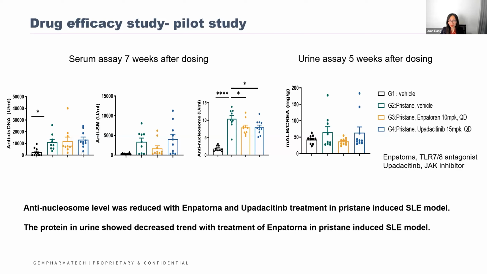The last one is a pristane-induced model with treatment of JAK inhibitors. The anti-nucleosome levels were reduced with toll-like receptor 7/8 antagonist treatment and also the JAK inhibitor treatment. The urine protein showed a decreased trend with treatment of the toll-like receptor 7/8 antagonist.